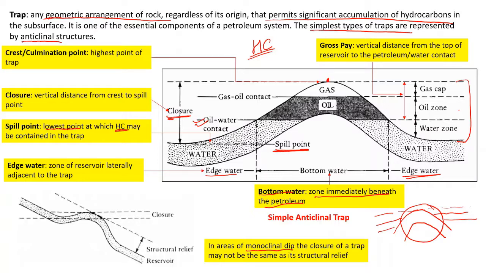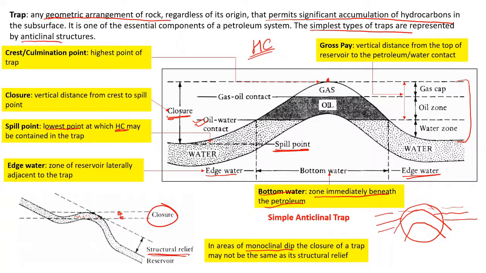But in the case of a monoclinal dip, where you can see only a part of the fold, this is the structural relief, but the closure is only this much, because only in this zone may the hydrocarbon be properly held. This is called the closure. So if a question is asked in which type of folds or traps the closure is not the same as the structural relief, the answer will be folds with areas of monoclinal dip.